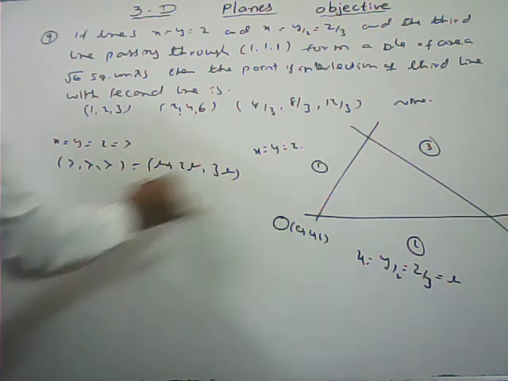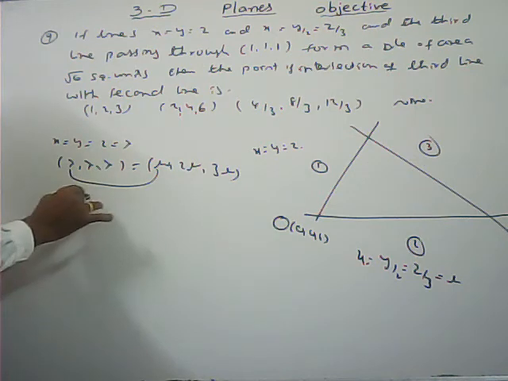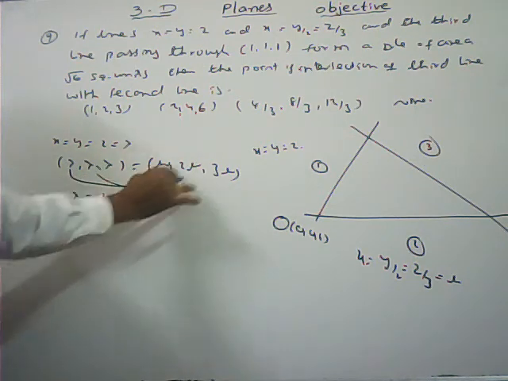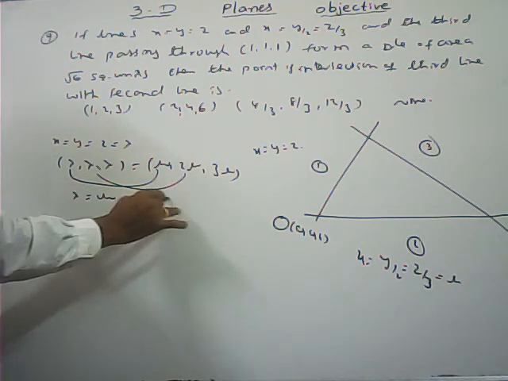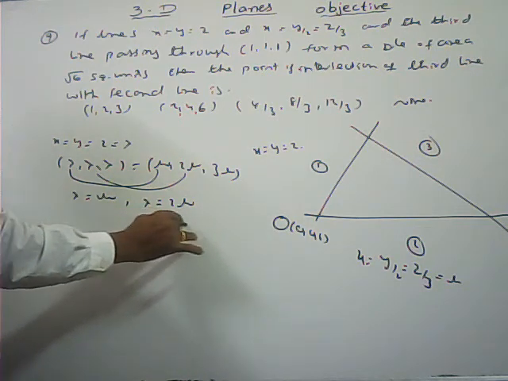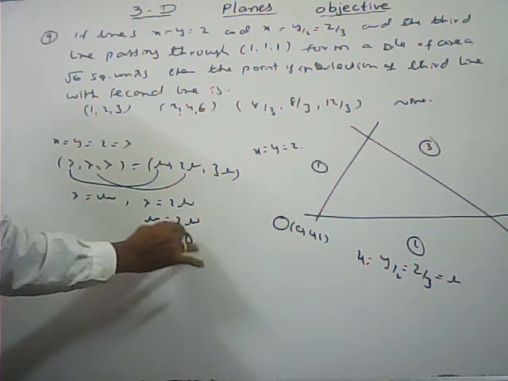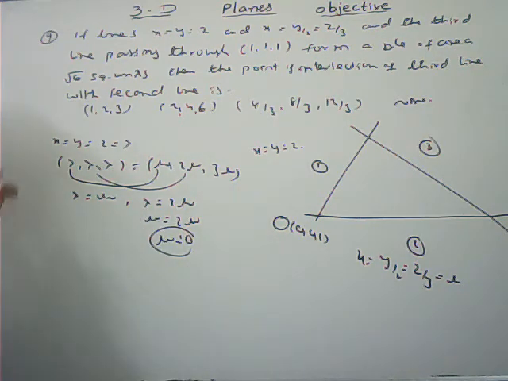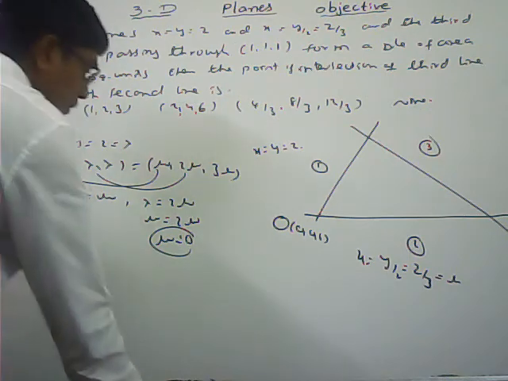By equating these two, we get lambda equals mu, and by equating these two we get lambda equals 2 mu. Lambda equals mu only, so mu equals 2 mu, which is possible only when mu equals 0.